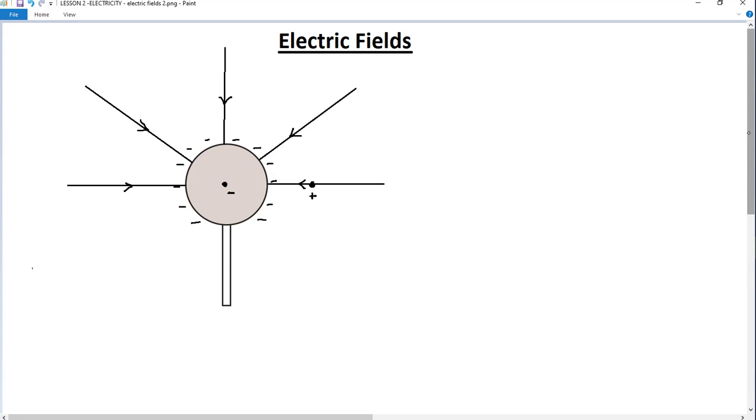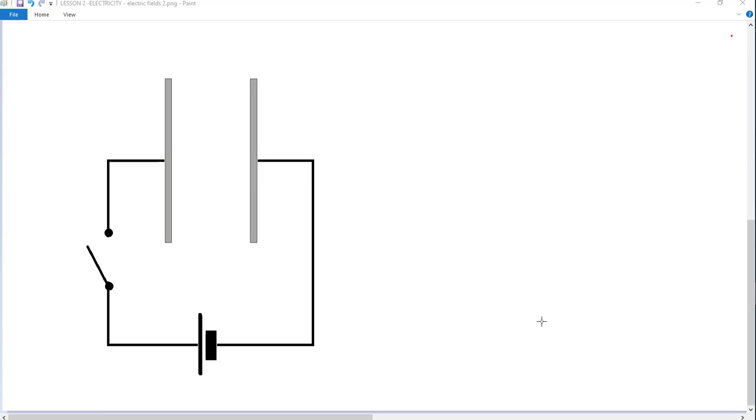So the last thing you need to know is the electric field produced by a parallel plate conductor. Okay, so we've got this simple electric circuit here. We have these two parallel conducting plates, and we're going to charge them up using this circuit. So we throw the switch, and as you know, a current will then start to flow until the plates get charged up.